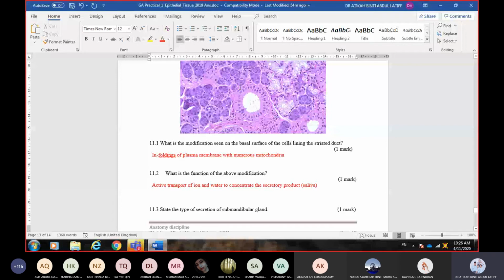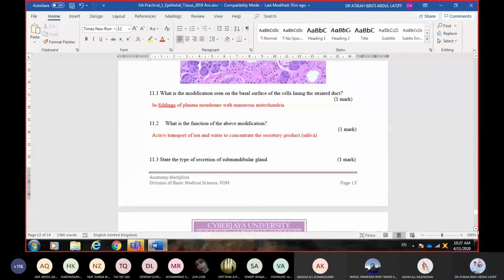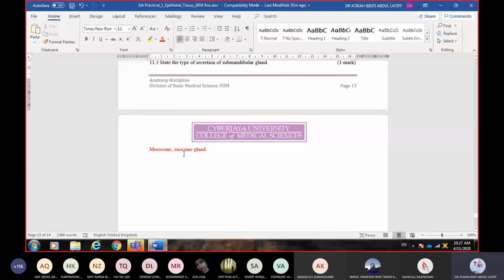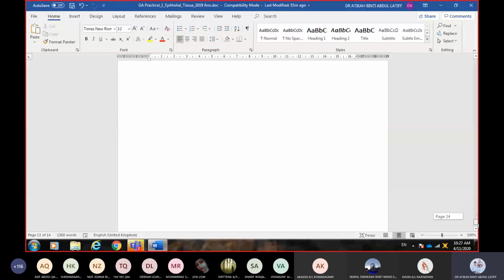Products of the acinus or the glands will be secreted into the ducts, and from the ducts, they will be secreted outside of the gland. Ducts are like tunnels or channels that drain out the products of secretion. So state the type of secretion of the submandibular gland: merocrine, exocrine gland, because it secretes the products outside of the gland.